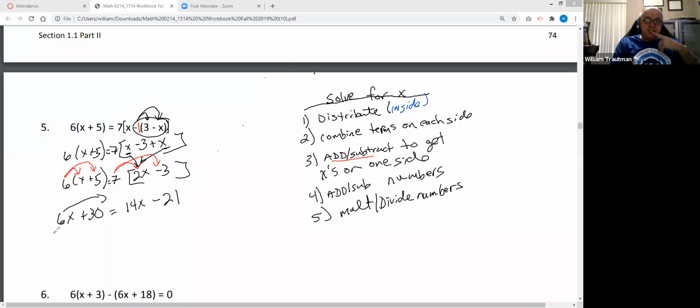And it's a plus 6x, so I'm going to minus 6x to both sides. Do you see how I put the x's underneath the x's? Because those are the ones we're going to add and subtract together. That turned to 0, and I've got 30 equals 14 minus 6 is 8x minus 21.